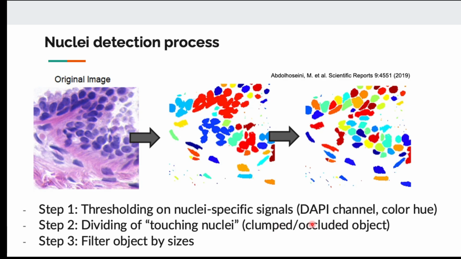Sometimes they are on top of each other. So we need to be able to split these objects. And then you can see that there are still some noises. We have very small purple-ish regions that are obviously too small to be nuclei. So we can do filtering by size to remove these. Okay, let's look at these three steps in more detail.